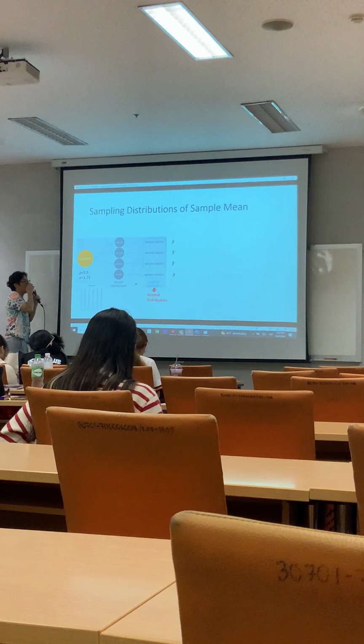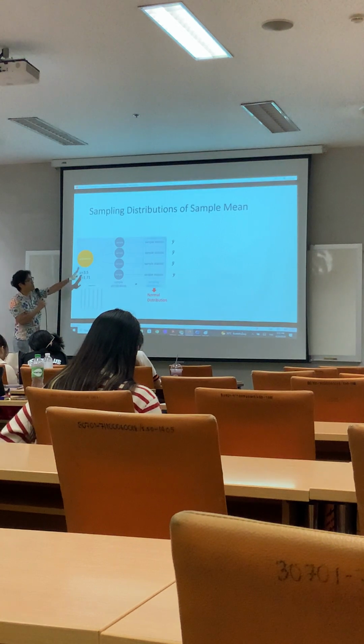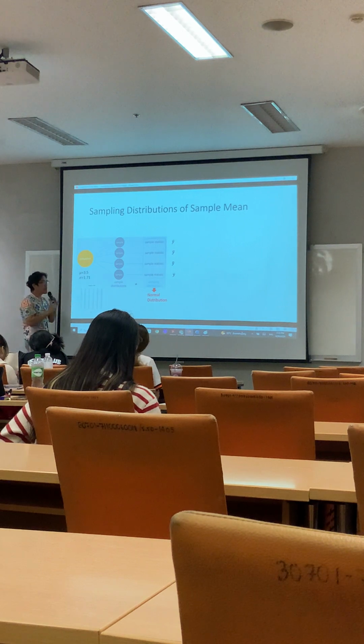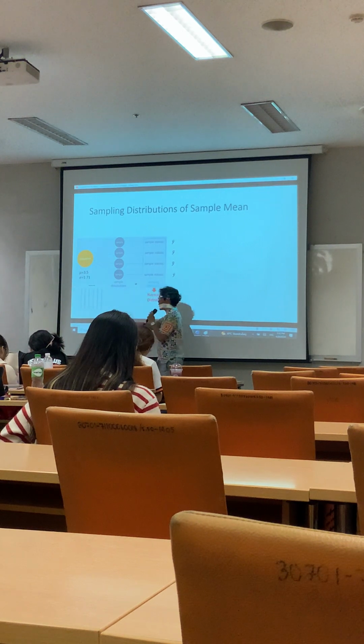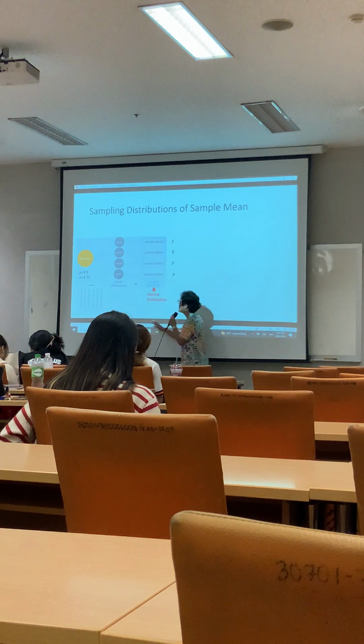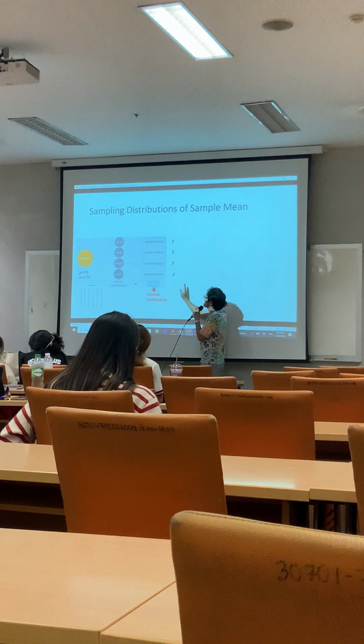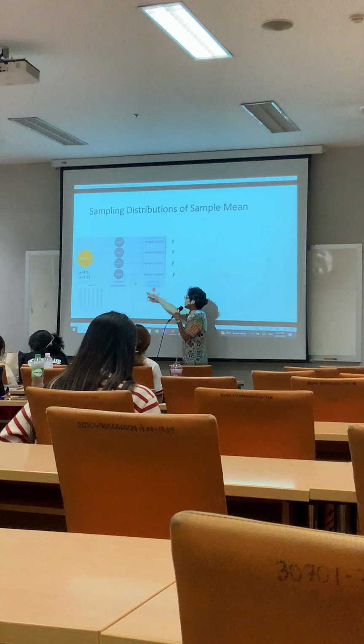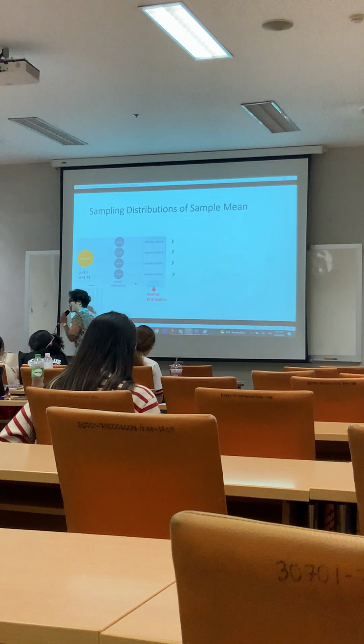Now, let's assume that we draw a sample and then calculate the sample mean. What I want to show you is that even though the population has a discrete probability distribution, if we calculate the sample mean, the distribution of the sample mean will become a normal distribution according to the central limit theorem.